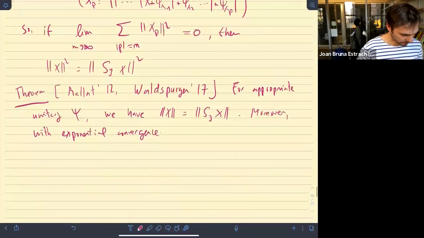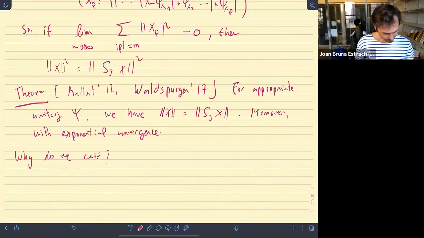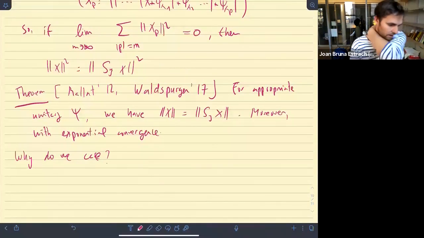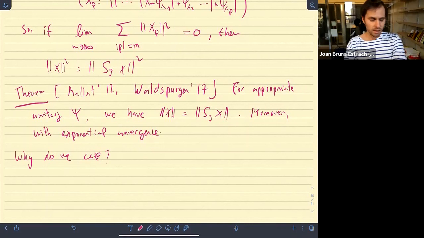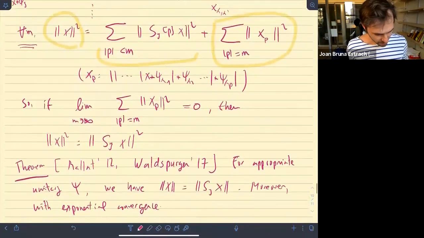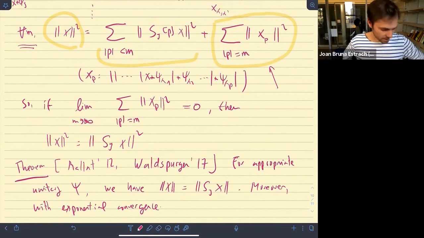So why do we care about this result? The reason is that in practice, when we use these coefficients, if someone tells you that the relative contribution of these coefficients relative to the rest is tiny, it means that you don't need to keep transforming.